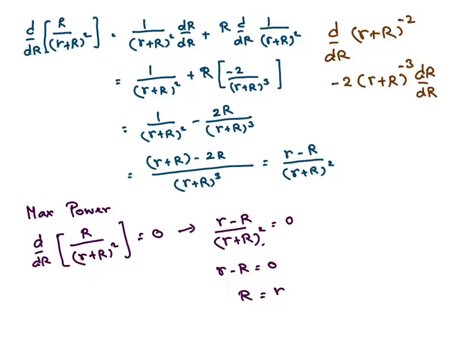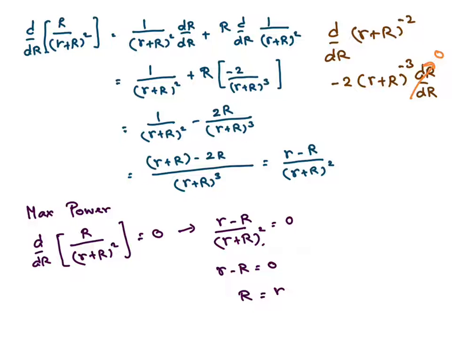Again dR by dR is 1, and (r plus R) to the minus 3 is 1 over (r plus R) cubed. We substitute this term into the expression, rearrange a little bit and do the arithmetic, finding the difference here.